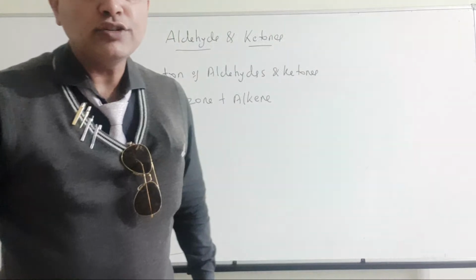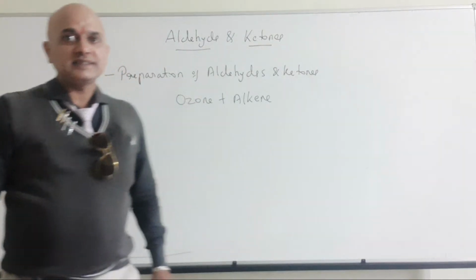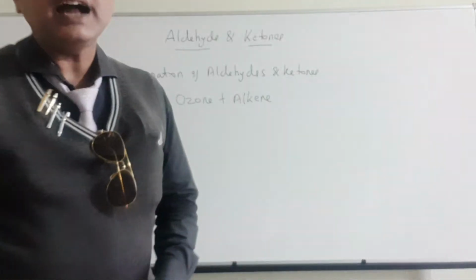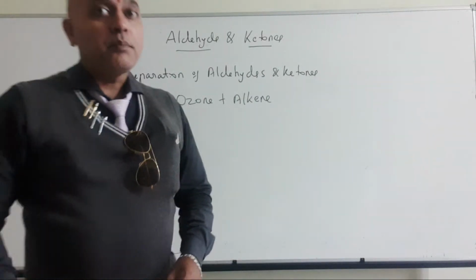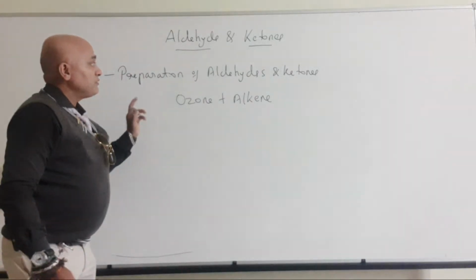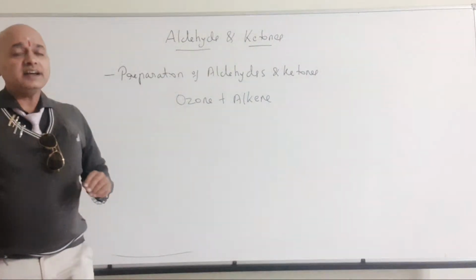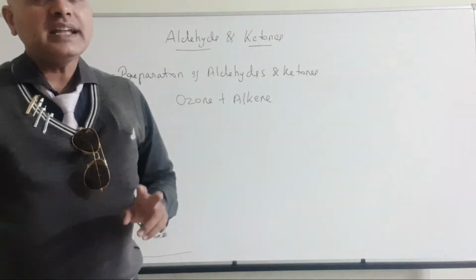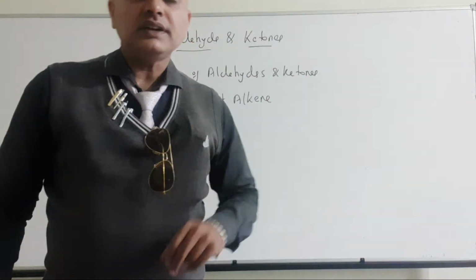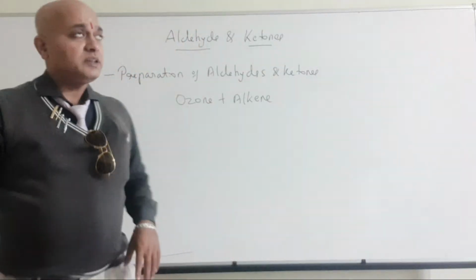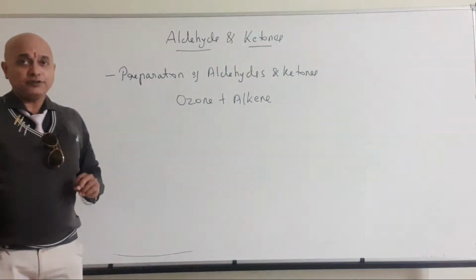Yes, the ozonolysis method. So that's why we have the other method which we had discussed. But if you remember, with alcohol or with ozone and alkene, in both cases we can prepare both aldehydes and ketones.